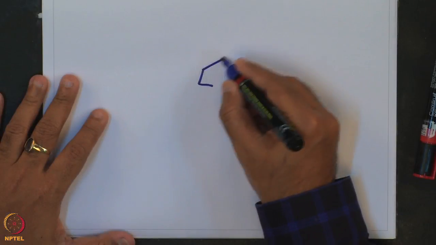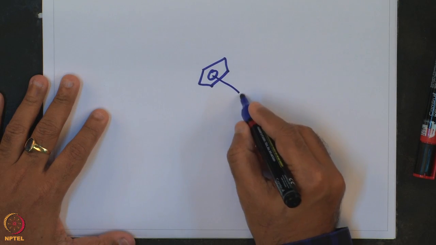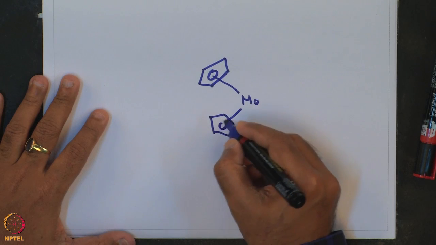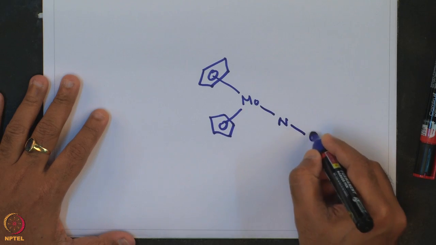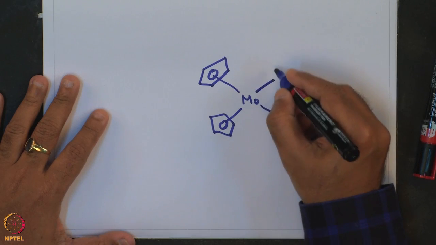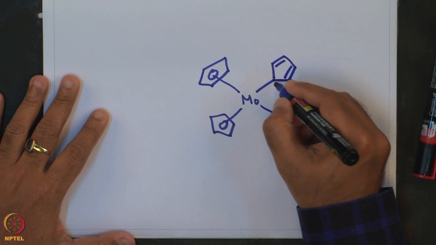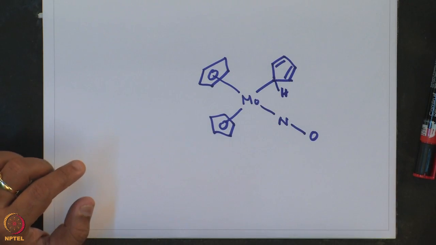So, let me just draw this complex over here. So, Cp, molybdenum, Cp, NO, H.